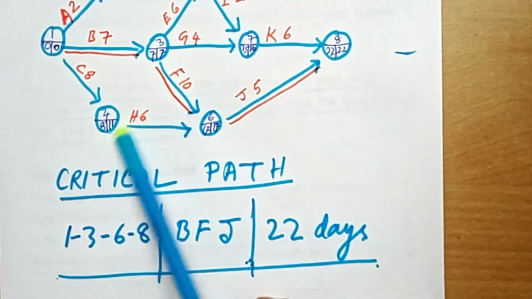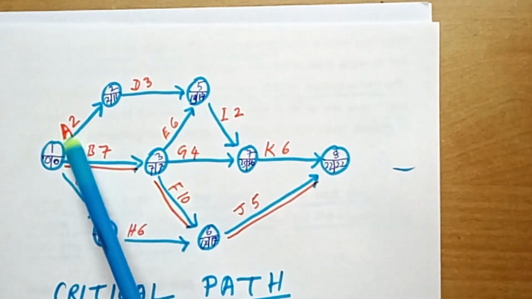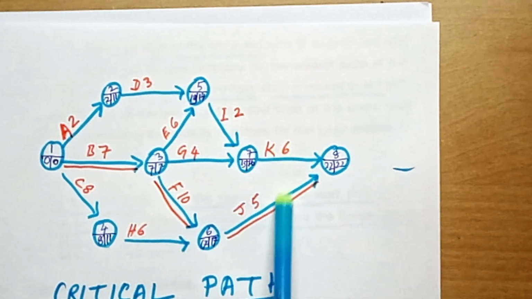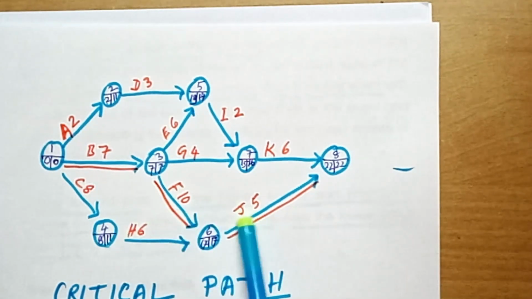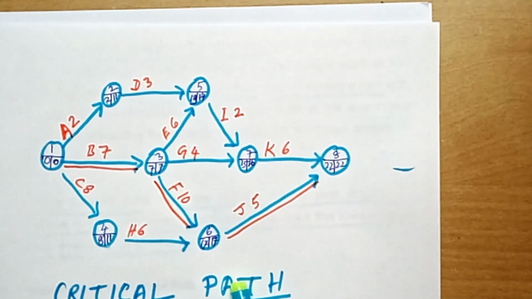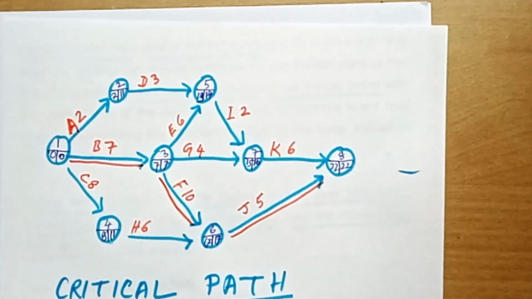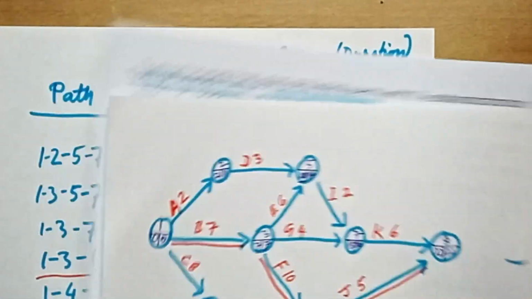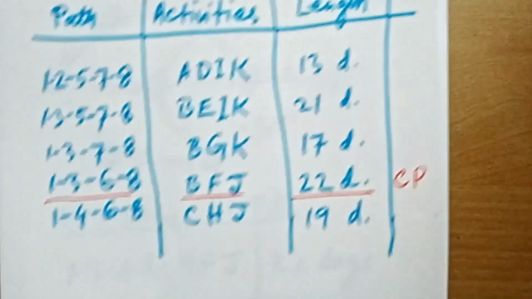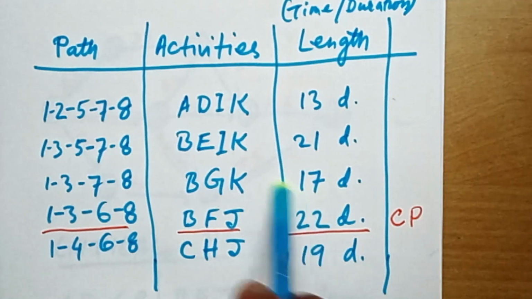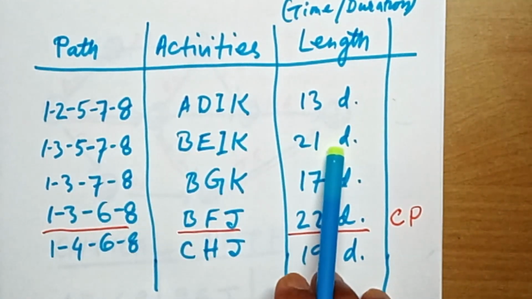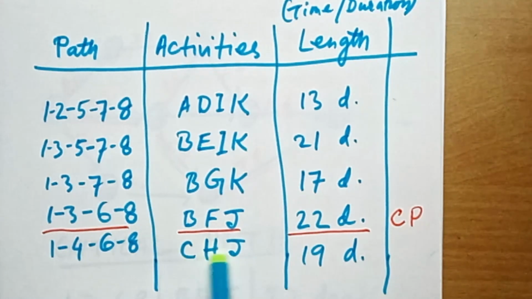And remember, all other activities of this network, activity A, D, I, K and all that, other than the critical activities on the critical path, are non-critical activities. So this is how we have learned how to identify a critical path. This is the second method. In the first method we found the critical path by comparing the total duration of all the paths: 13 days, 21 days, 17 days, 22 days, and the last path 19 days.